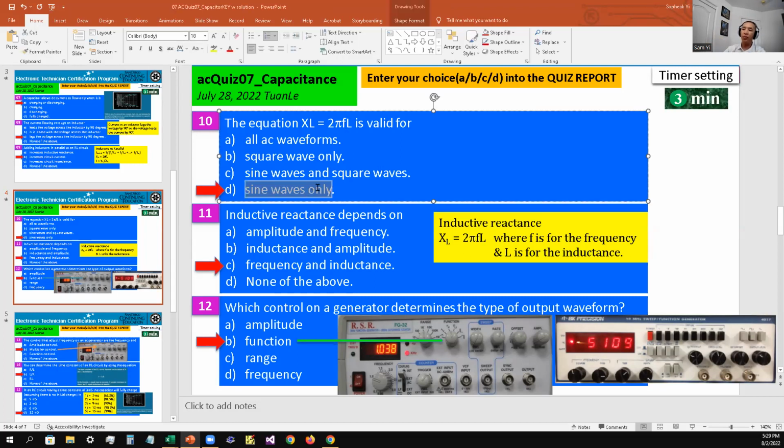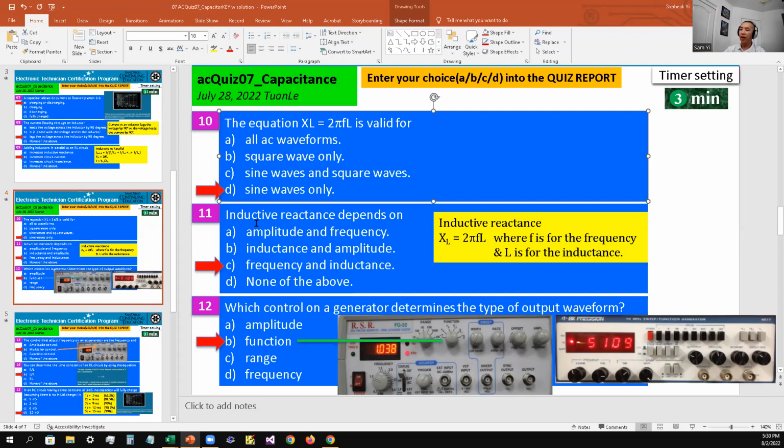Only a pure sine wave can you use to calculate with F as the frequency. On the square wave there are way too many frequencies, and the triangle wave also consists of many sine waves. So you need just a pure sine wave only. So the answer is D as in dog for number 10.